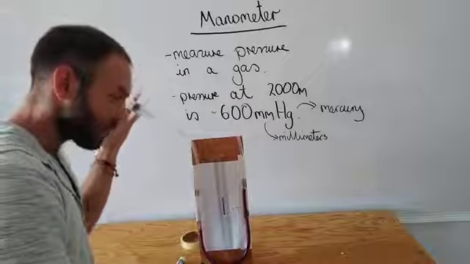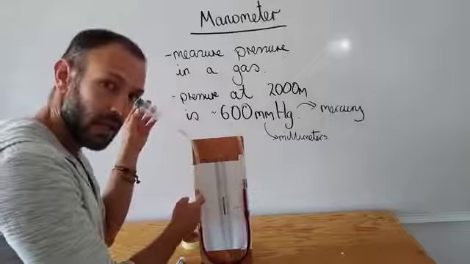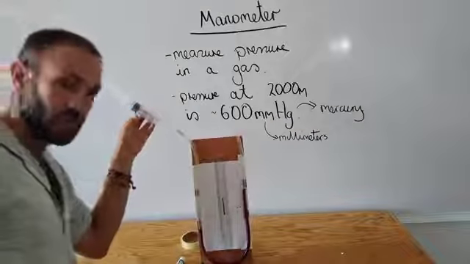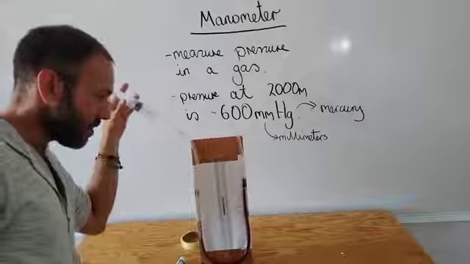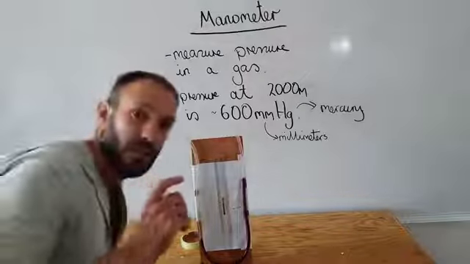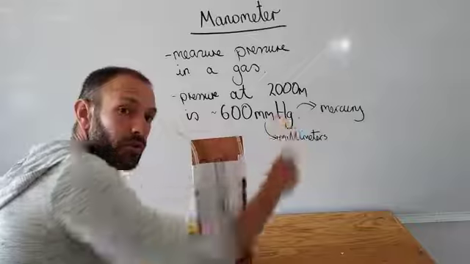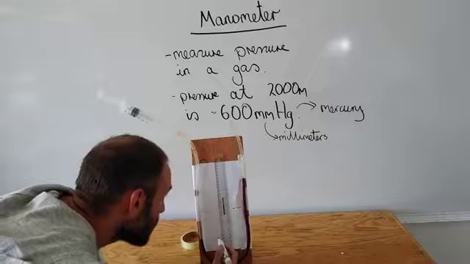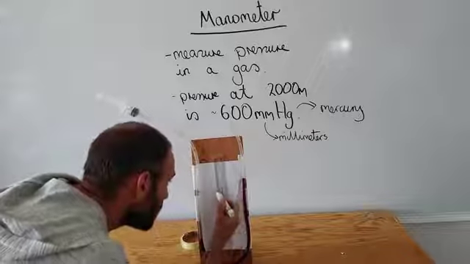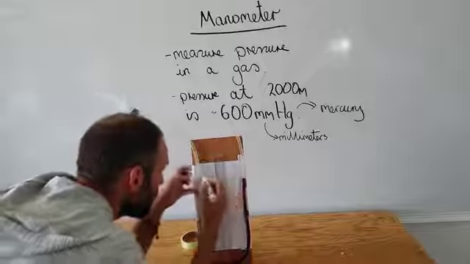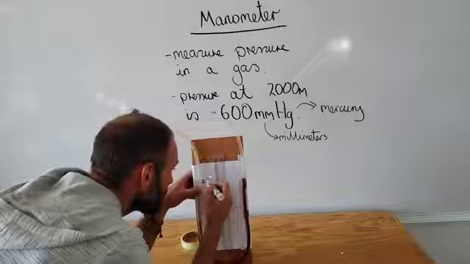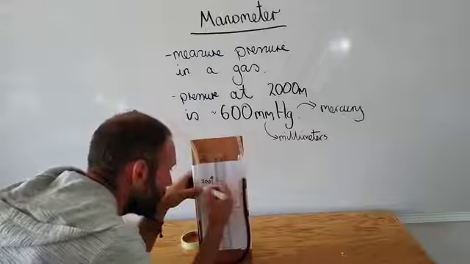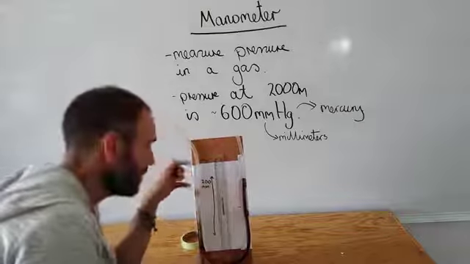There we go. So the pressure on this side is more than atmospheric pressure. It's more than 600. To calculate how much more it is, we add the difference onto atmospheric pressure. Here the difference has gone from 5 to 10, 15, let's call it 20 centimetres difference, just to make it nice and simple, which is 200 millimetre difference.